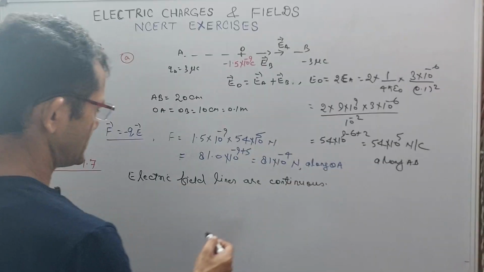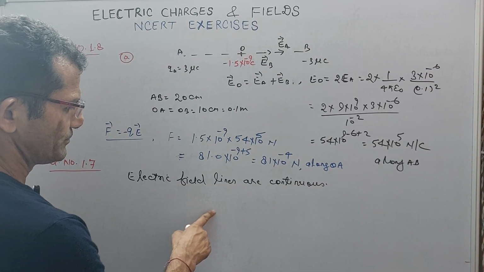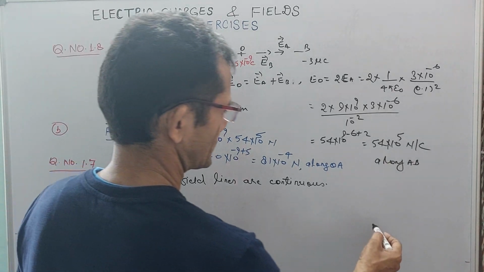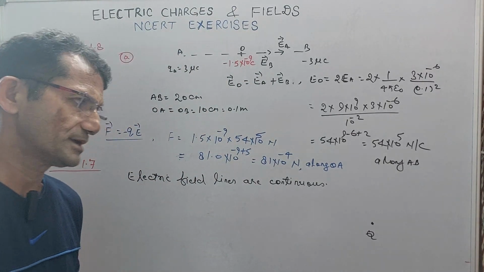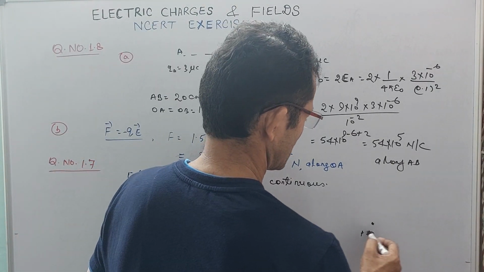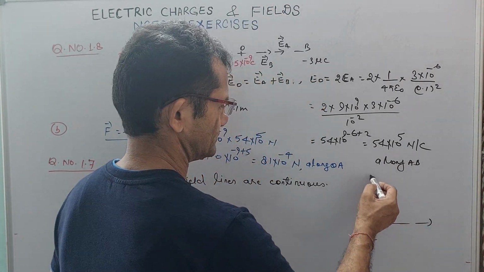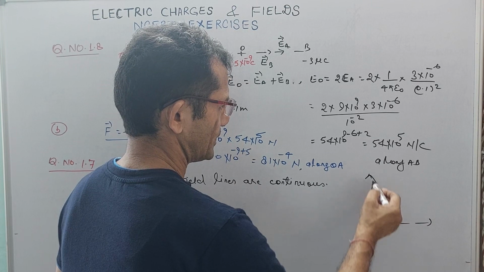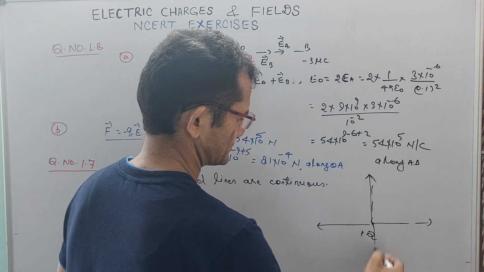Let us suppose I take a charge here, a point charge Q, and this is a positive charge. Electric field lines will start from this point and go away from it. They are continuous lines and will not be breaking.